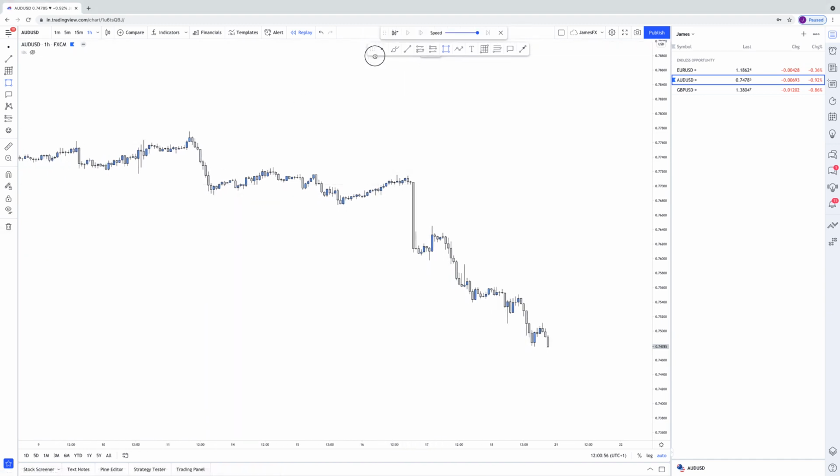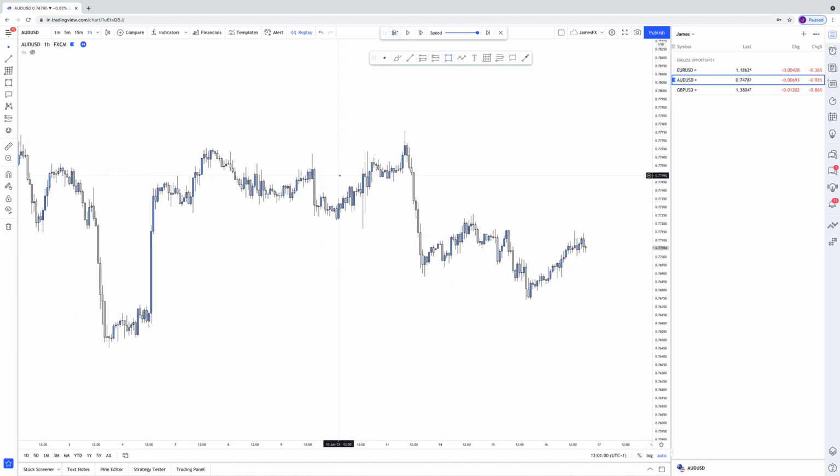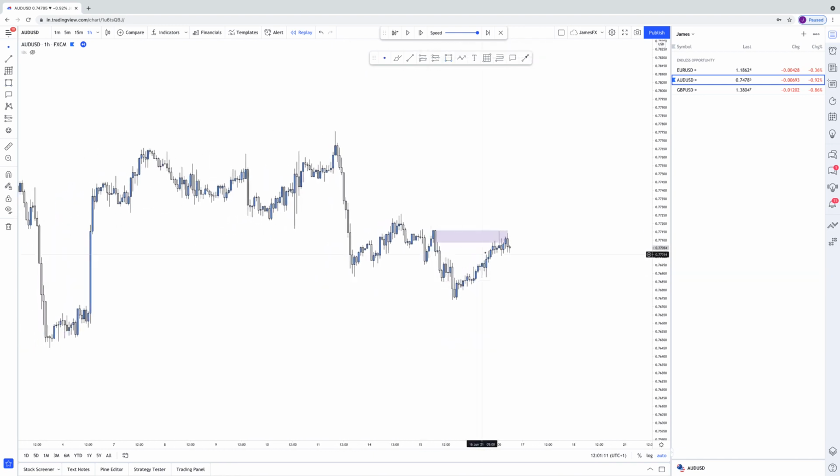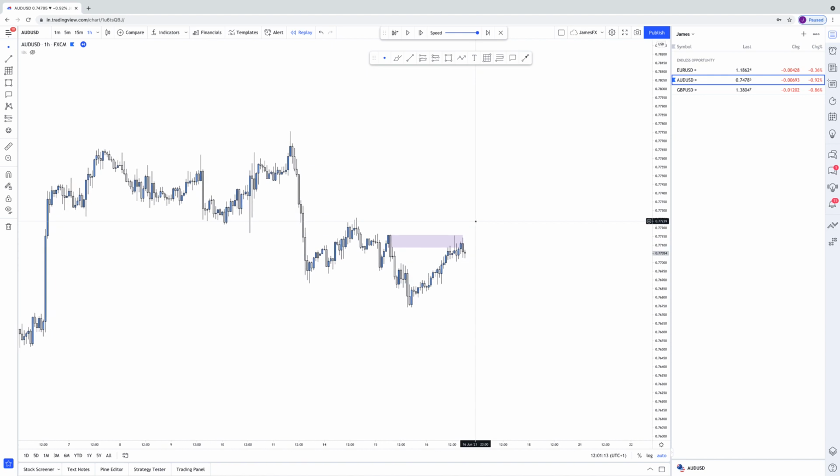So let me just go back just before this candle here. And we had this break of structure here. Last up close candle.